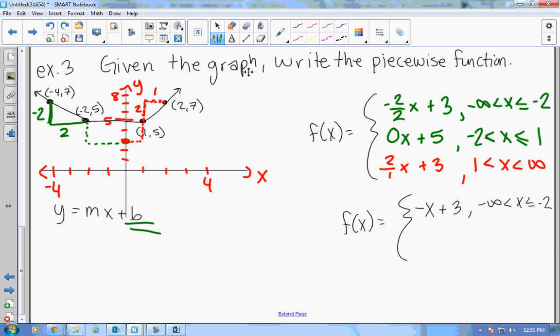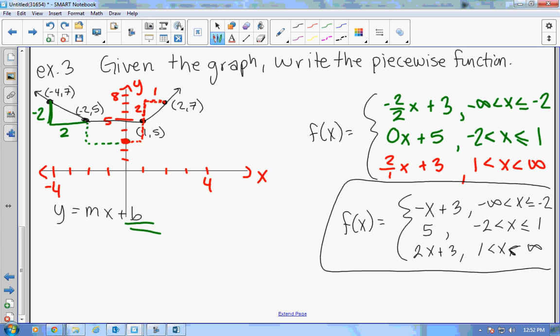No, because timesing by 0 does nothing. It becomes 0, so it's just a constant 5. When you say a constant, that's a flat line. And 2 over 1 is just 2x plus 3. 1 is less than x, which is less than infinity. And that would be the really nice way to write it.